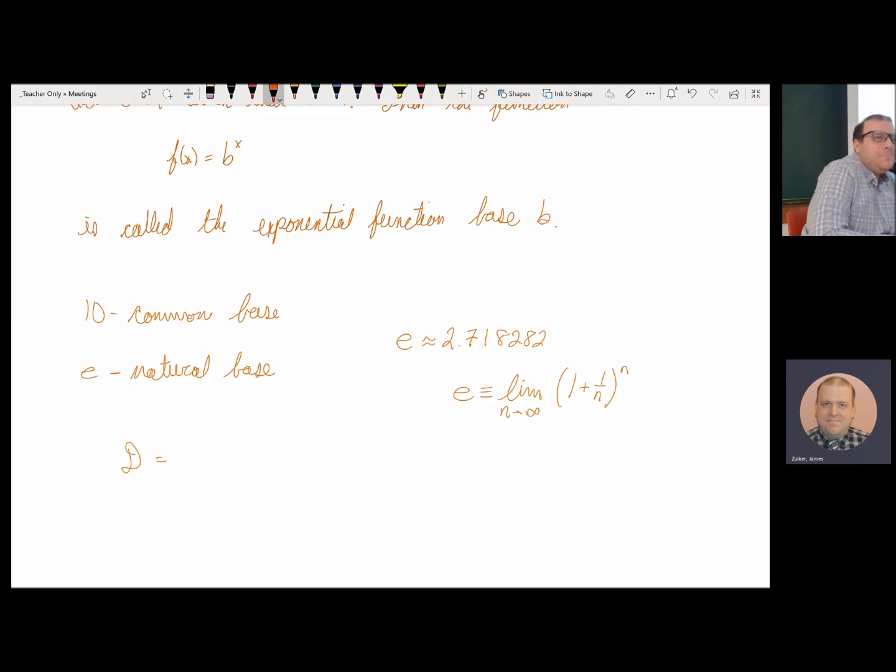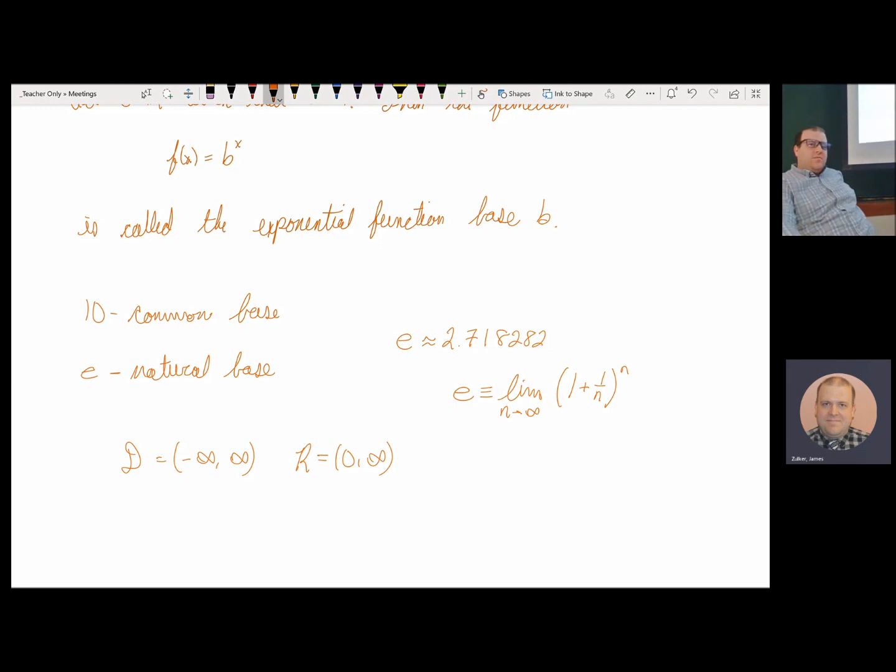The domain of an exponential function is all real numbers. The range is positive real numbers. Wait, is that for y equals 2 to the x?